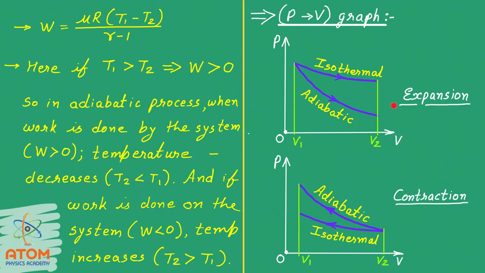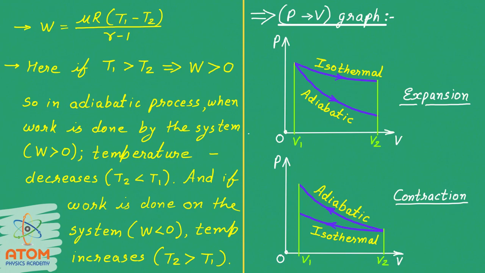See, the first graph is of expansion, means the volume of the system increases from V1 to V2. Now, if this expansion takes place in isothermal process, then the graph will be this way. Okay, but in adiabatic expansion, the graph will be this way. You can see the adiabatic graph is having more curved graph than isothermal graph.